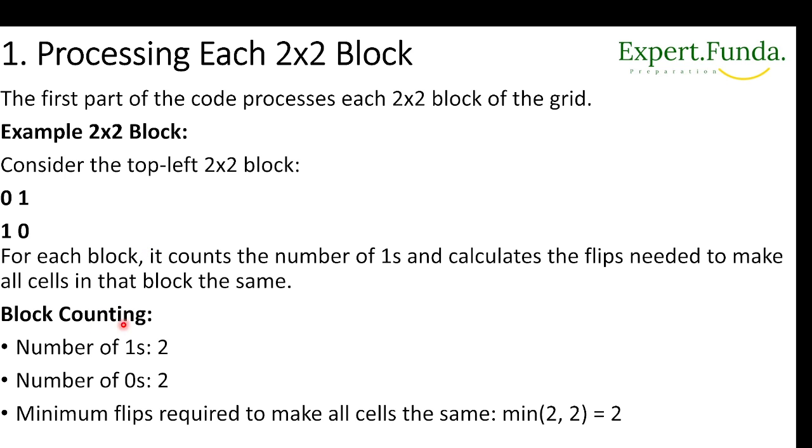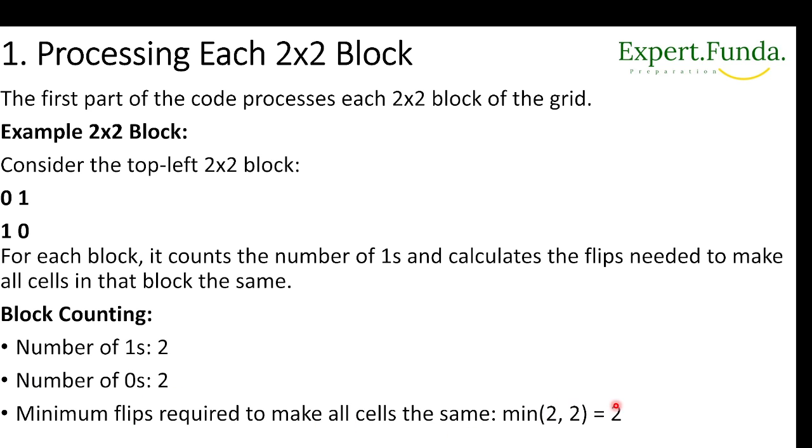So for block counting, the number of 1s is 2 and the number of 0s is 2, so the minimum flips required is min(2, 2), which is 2. We find the count of 1s and the count of 0s, and the minimum of them becomes your minimum flips.